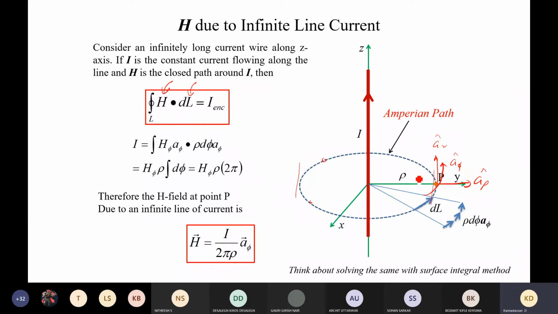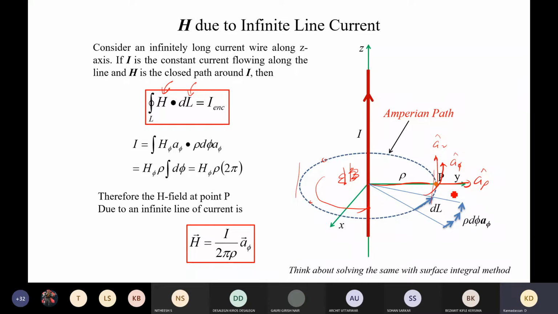But we know very well that if we apply the right hand rule, it will always flow in this particular direction. And since it is an infinite one, obviously this A rho vector and AZ vector will not be available. Therefore, the only vector perpendicular to both the A rho vector and the Z vector is the A phi vector. So the A phi component alone is going to be there.